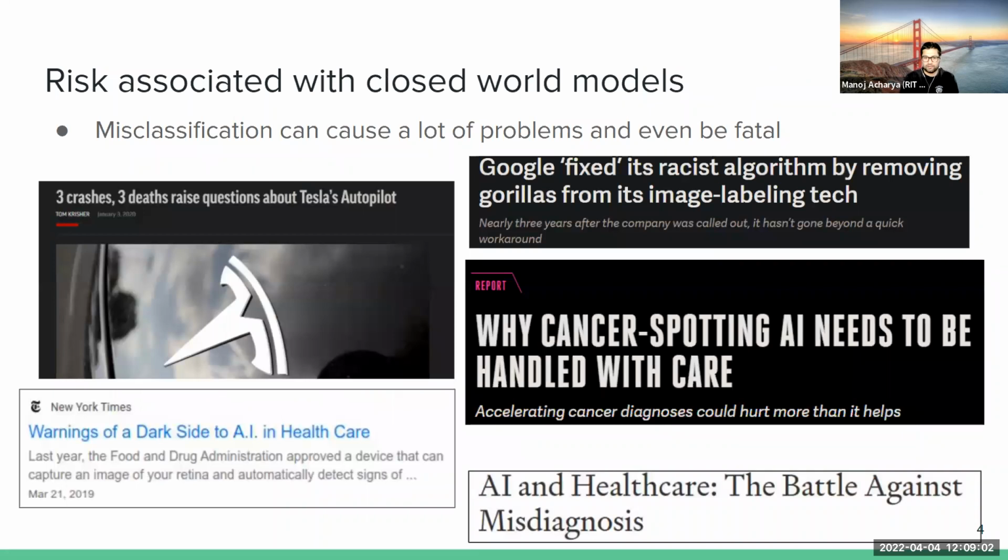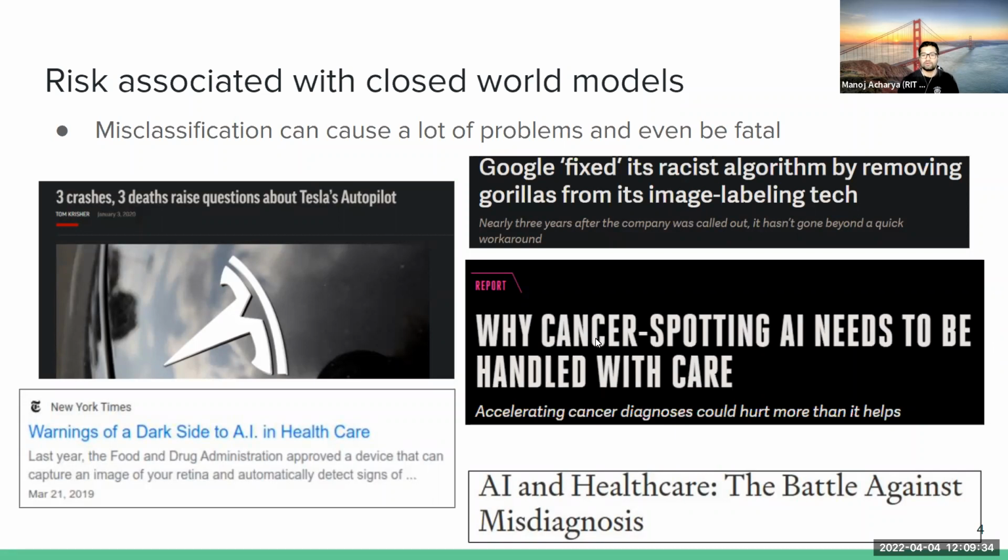So I talked about the classical closed world assumptions, but what are the risks associated with just deploying these closed world models out in the real world, right? So we have heard about many of these incidents happening recently, Tesla crashes where it can't recognize some objects in the roads, or AI algorithms being branded as racist, biased, and discriminating against minority categories.